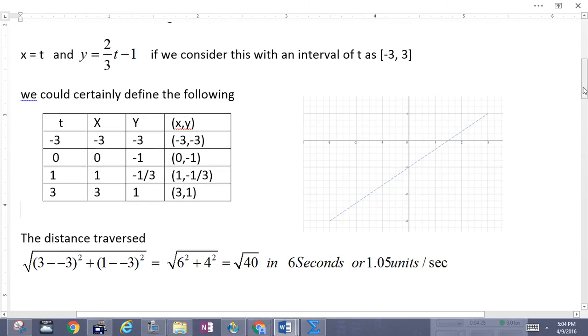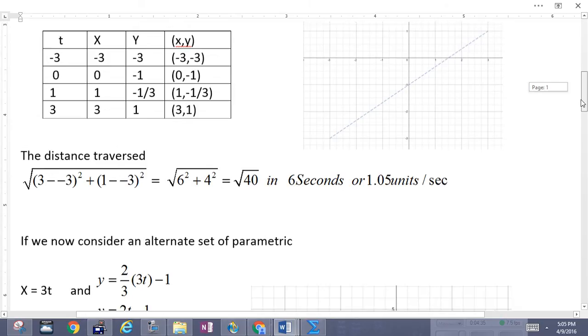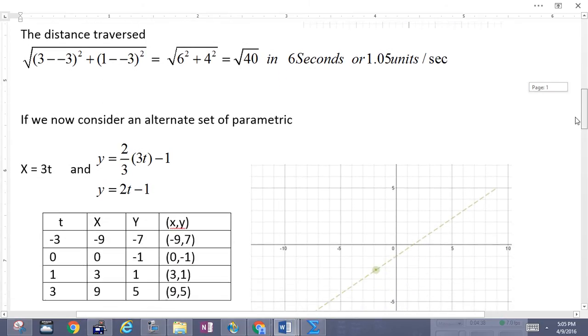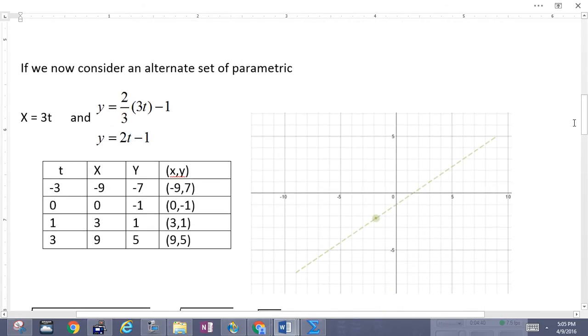Now, I want to see if we can alter that somehow. So we're going to consider the following set of parametric equations. We allow x to equal 3t, and y would be 2/3 of x minus 1, or 2/3 of 3t minus 1, which would be 2t minus 1.